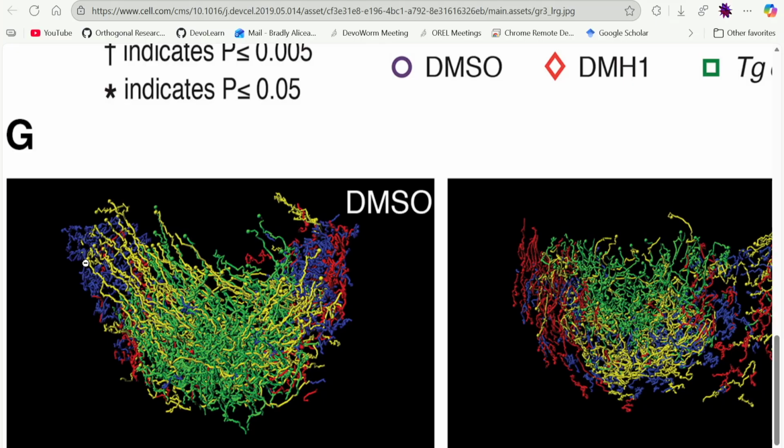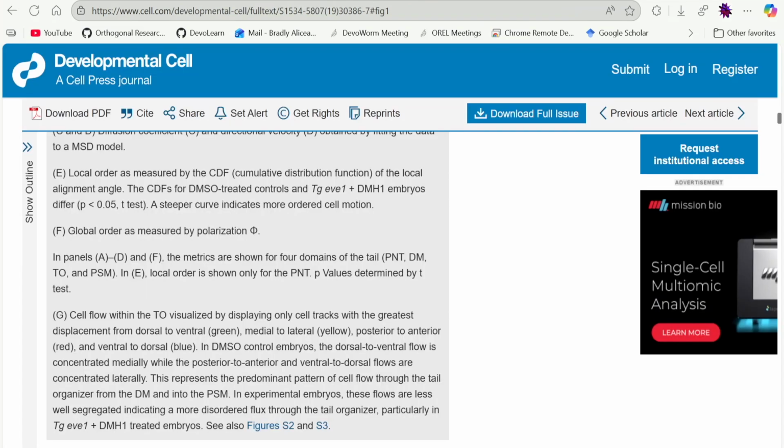So in other words, the DMSO is the vehicle, so we can look at that and then compare with the other ones. We can see that most of them are green and yellow, sort of here. And then on the peripheral regions, you have blue and red. And we said that blue is ventral to dorsal, red is posterior to anterior, dorsal to ventral is green, and then medial to lateral is yellow.